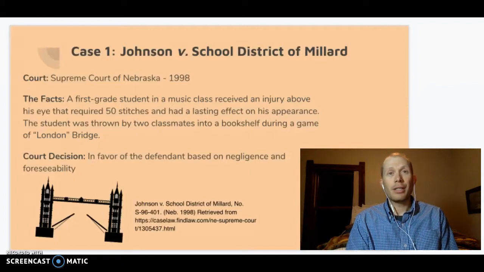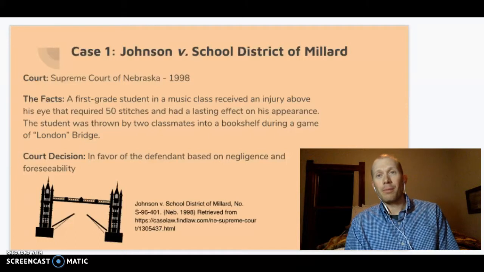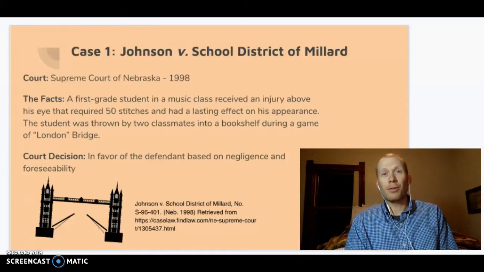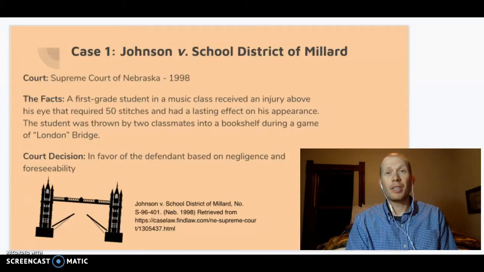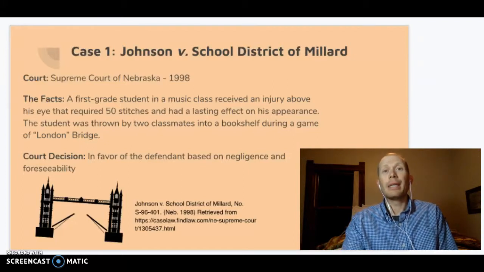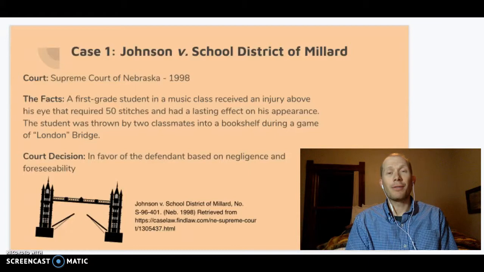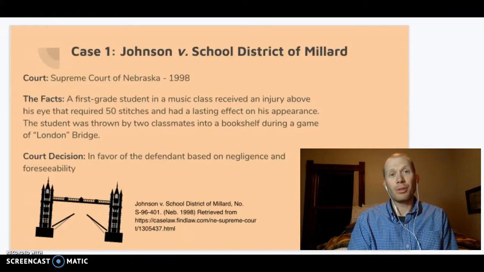The district argued that the teacher was held to an unreasonable standard of care, but the court said that even though the teacher should not be expected to supervise all students at all times, in this case it was foreseeable that the game could have caused injury to the student, and therefore she needed to be giving supervision at that point in time. So the teacher was negligent, and her negligence was the proximate cause of the student's injury, which resulted in a ruling for the plaintiff.